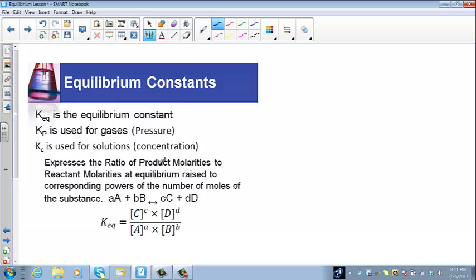It expresses the ratio of the product molarities to the reactant molarities at equilibrium raised to the corresponding powers of the number of moles of a substance. When we say number of moles of a substance, we're talking about coefficients. So all that did was review what I just told you. And here they're using C, D, A, B. Same thing.